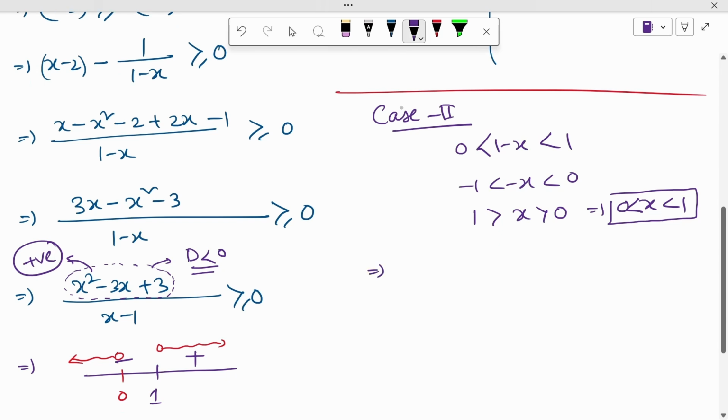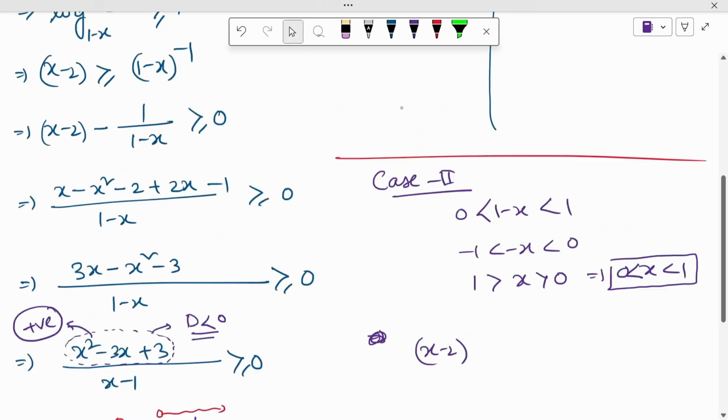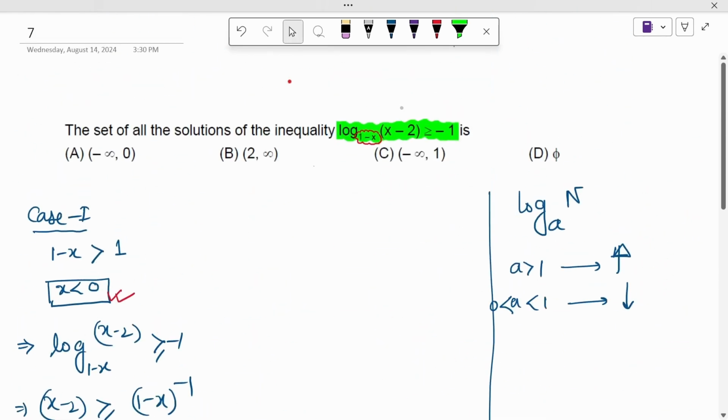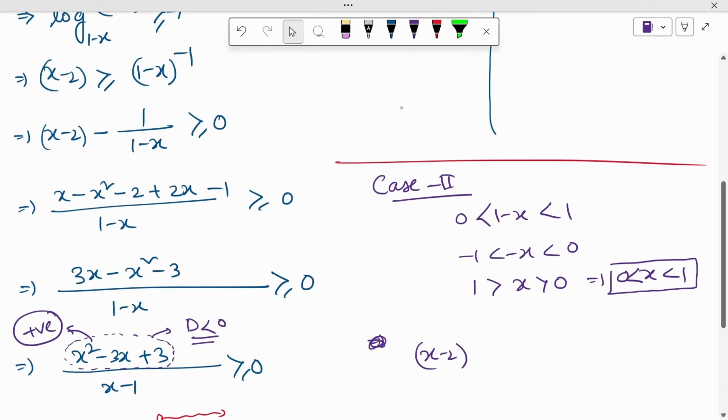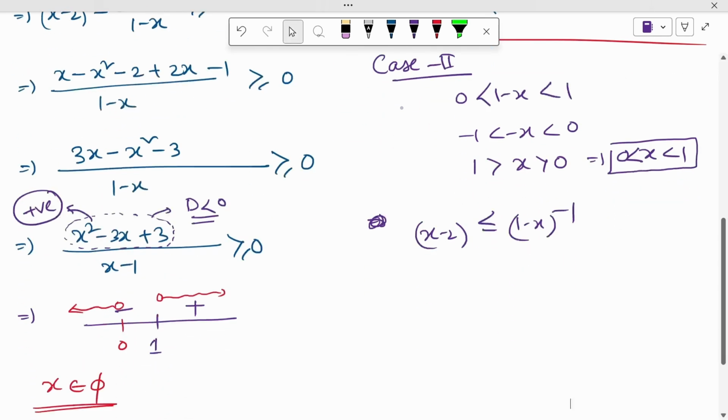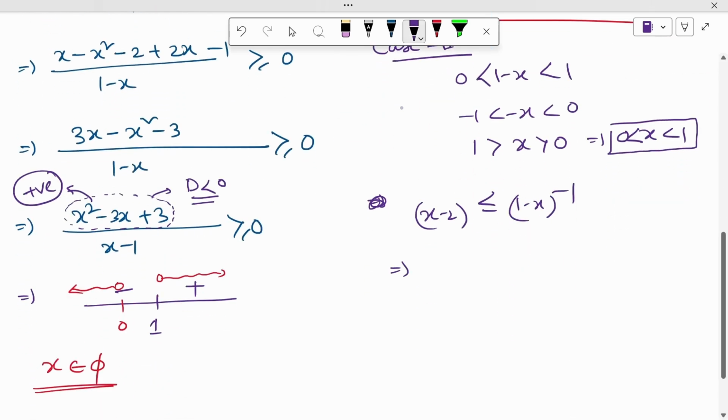Okay. In this case, x minus 2 will be less than or equal to (1 minus x) to the power minus 1. The inequality gets reversed. So here it will be x minus 2 minus 1 upon 1 minus x less than or equal to 0.